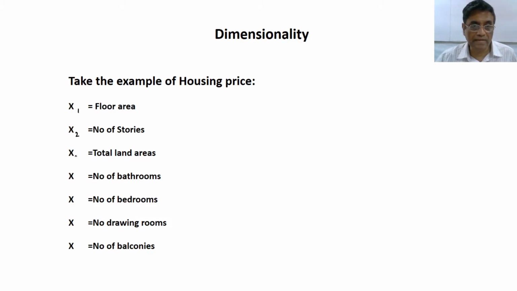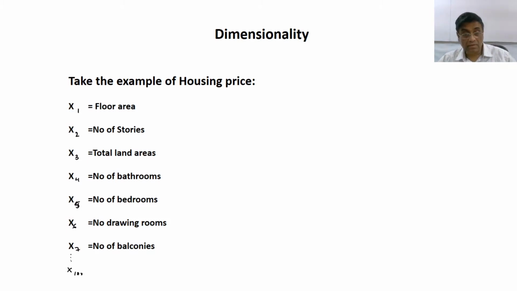Total land area, the surroundings of your house, that is feature X3. There are also number of bathrooms, number of bedrooms. So these are all features. In this way, I can have some 100 features which actually determine the housing price. So this is also problematic in the case of structured data.